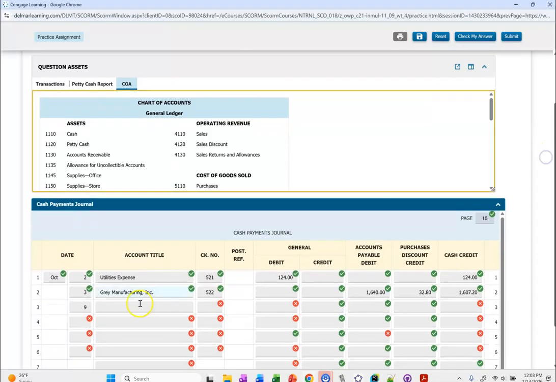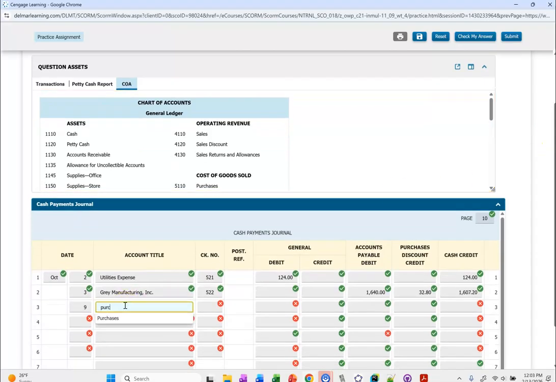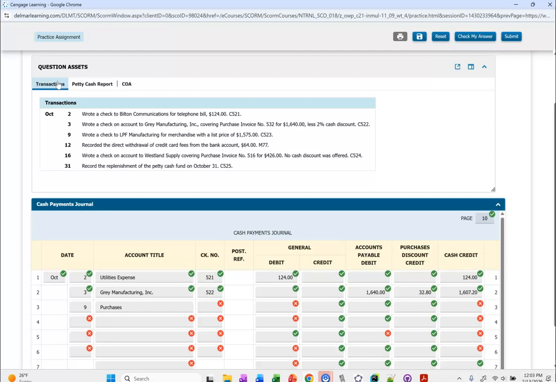Sorry about that. We're buying some stuff here. Notice the first two transactions are just paying bills. This time we're actually physically buying stuff.